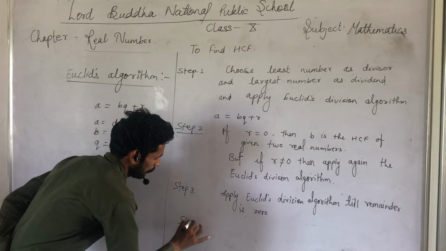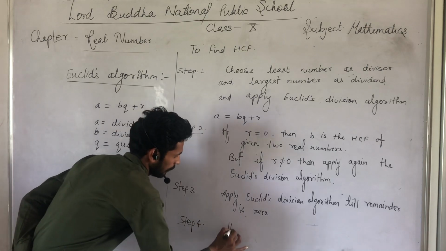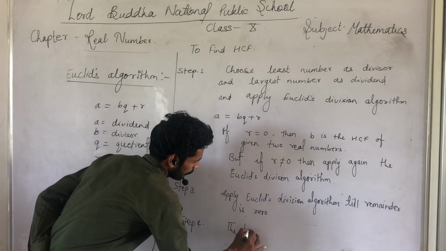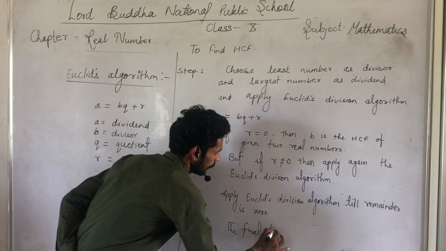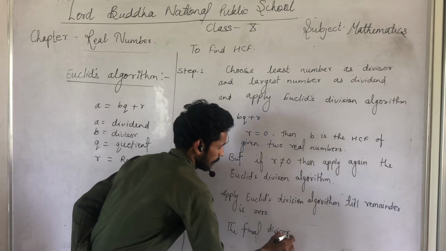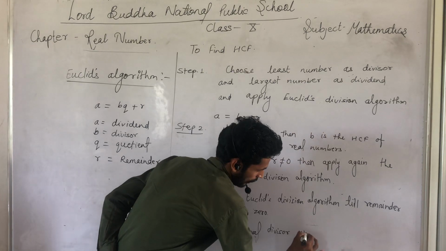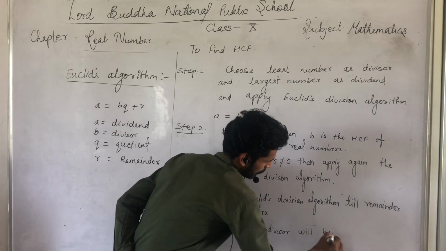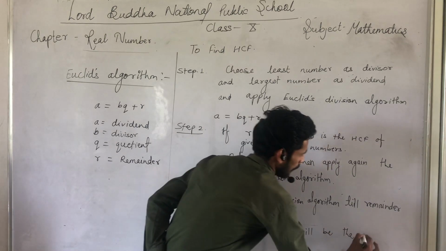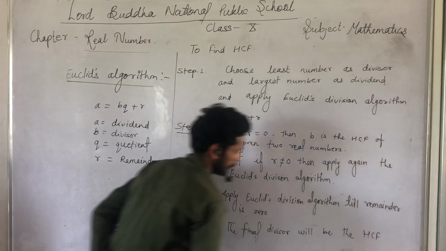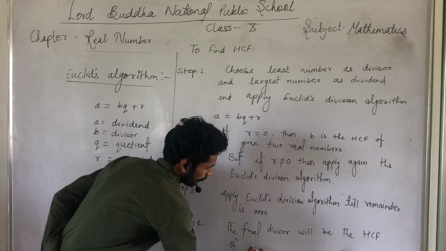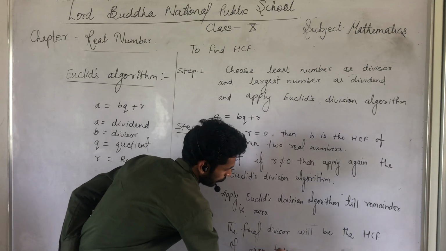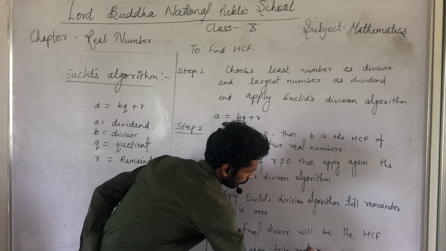Step 4: the final divisor will be the HCF of the given two real numbers.